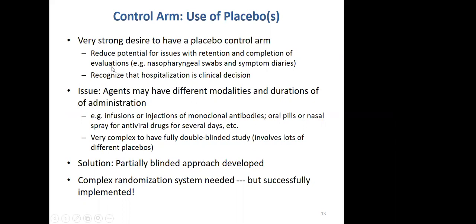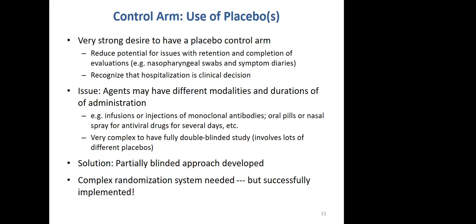What we knew from influenza trials is that there was considerable value in having a placebo control, particularly in terms of things like retention, completeness of evaluations, getting these nasopharyngeal swabs. They're quite intensive, as some of you may know if you've been through that process, and trying to get them repeatedly over time is potentially difficult.